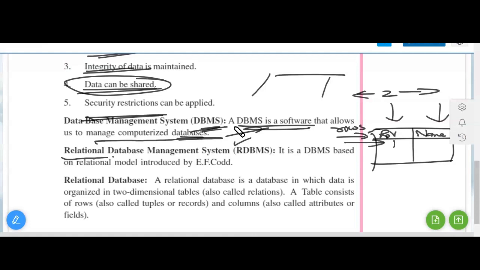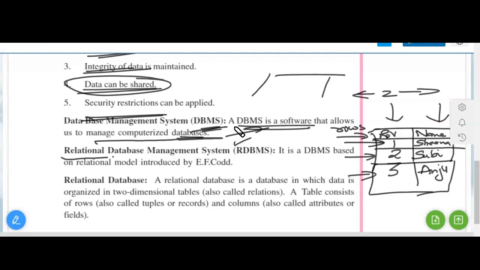This is the first row, where I have 1 and the name is Sheena. Roll number 2, Subi. Two people are there in the list. Roll number 3, it's Anju. So you have 3 rows and 2 columns.